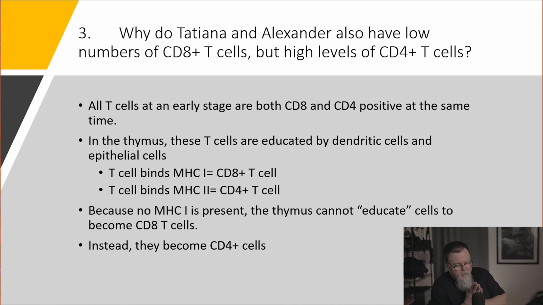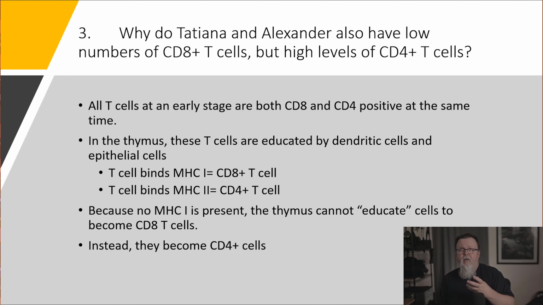So the idea here is that early on in development, these T cells will express both CD4 and CD8, and it's during the time that they are maturing in the thymus that they become either dedicated CD4 type cells or CD8 type T cells. And it has to do with which one of those MHC classes they bind to in the thymus when they're being educated.